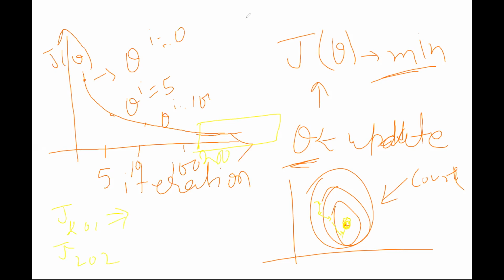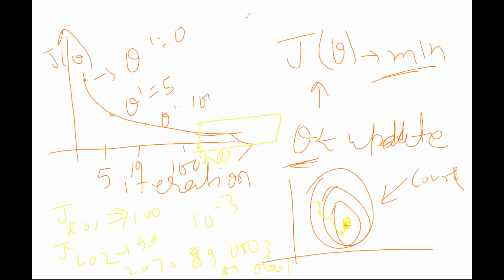When after 203 the change is like 89.0003, then at 204 it is 89.0001, you can see the change is very minor. So this means that at this step we have to stop our algorithm, otherwise we are just wasting our time and resources.